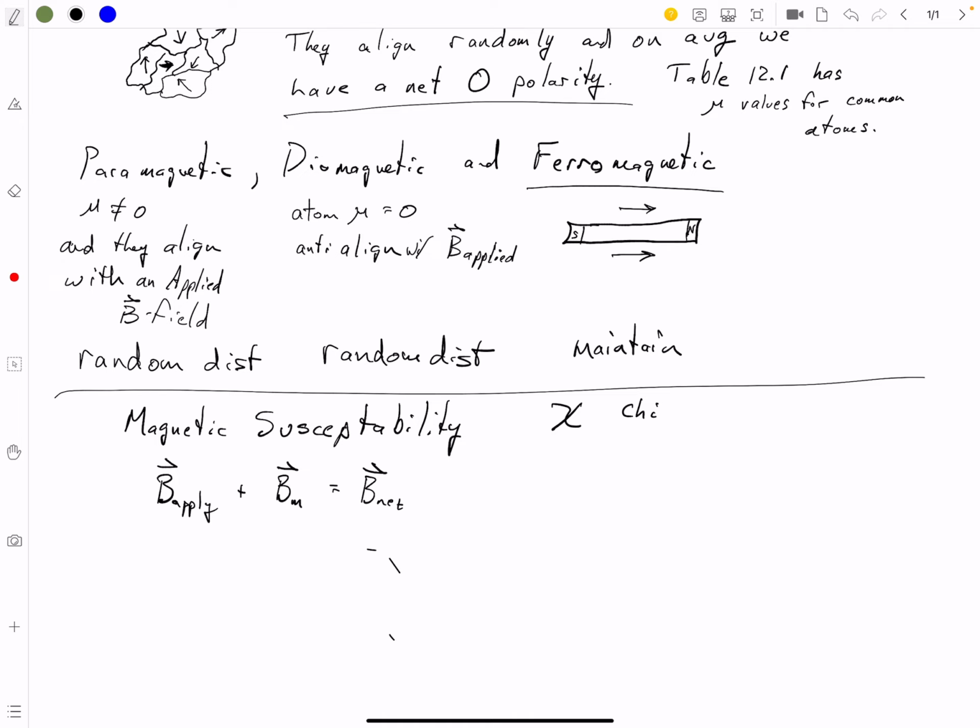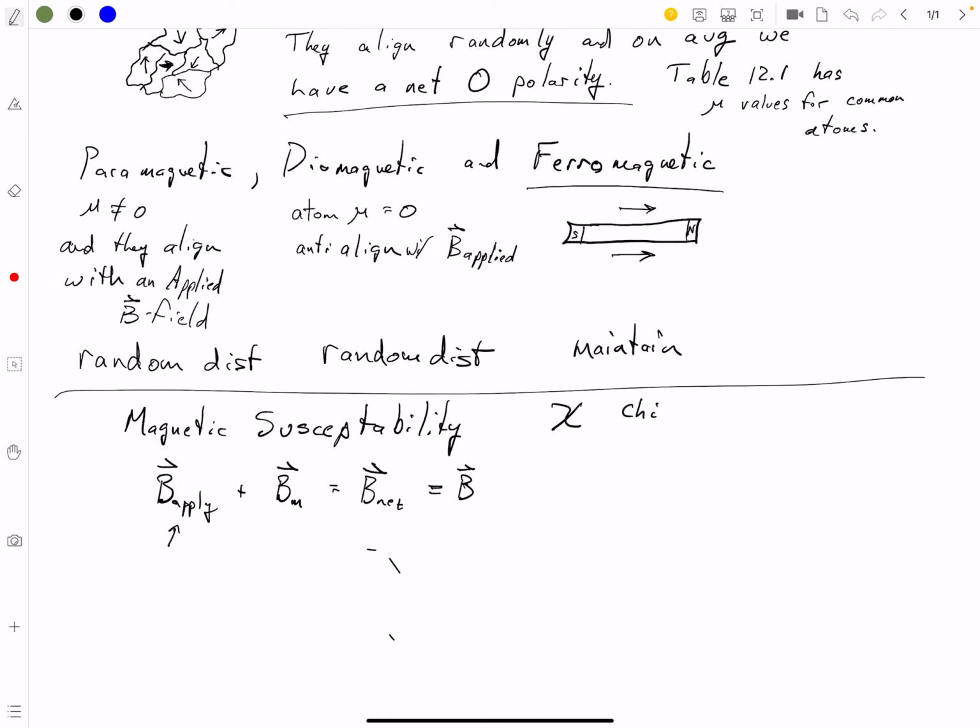It could also be what we call the resultant. Okay, so this is just our B, in the end, our net B. Okay, B field. It's the addition of the material and our applied.